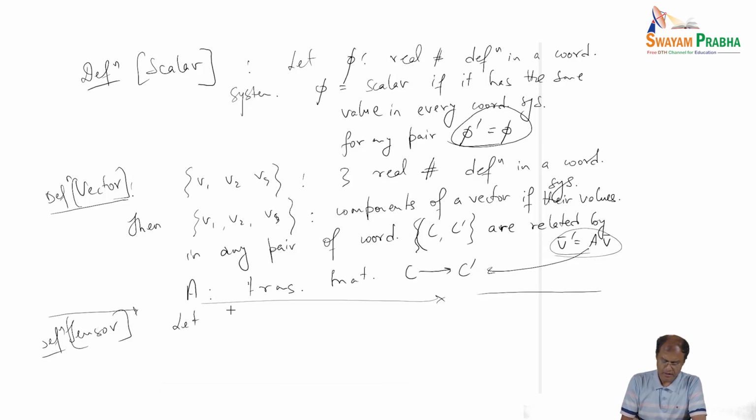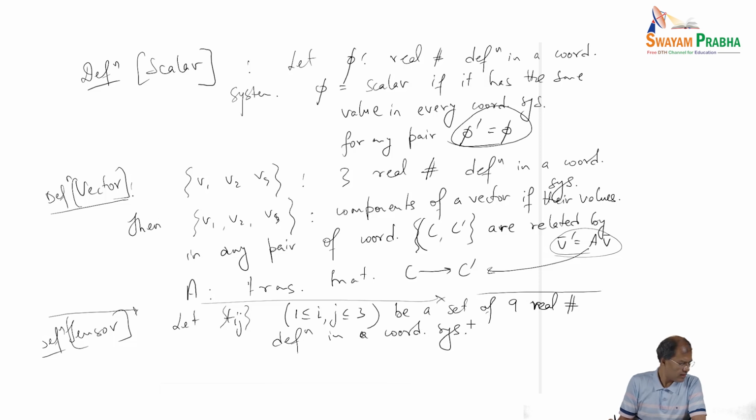So let Tij, where i and j are between 1 to 3, so this is in three-dimensional space, be a set of 9 real numbers defined in any coordinate system, right? And then we can talk about the components in another coordinate system.